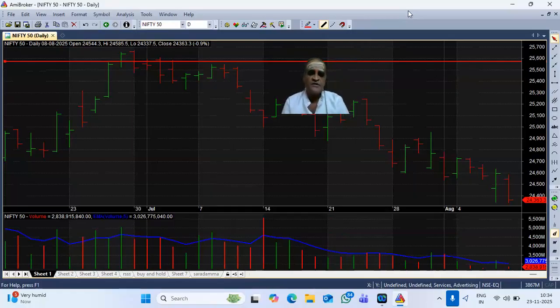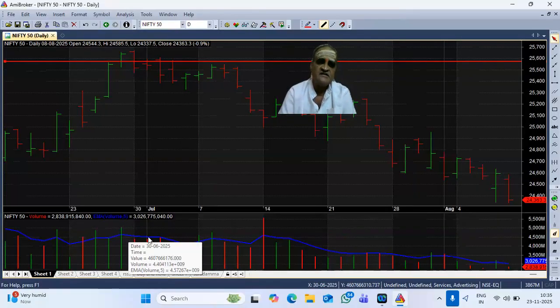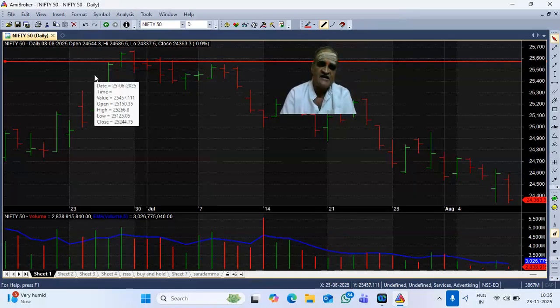As I told you, this is on reduced volumes, and we have to take the volume aspect very much into consideration. The volume has come down and is below its 5 days moving average, so it means that something is wrong.